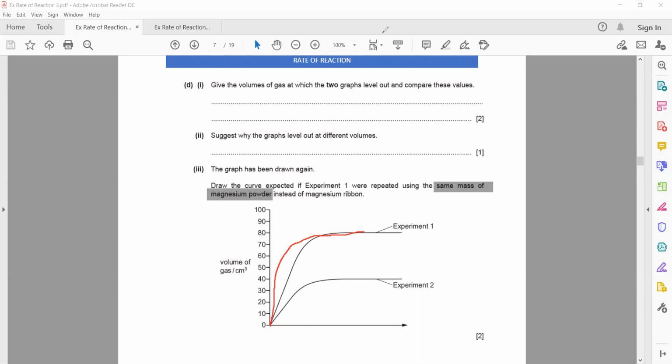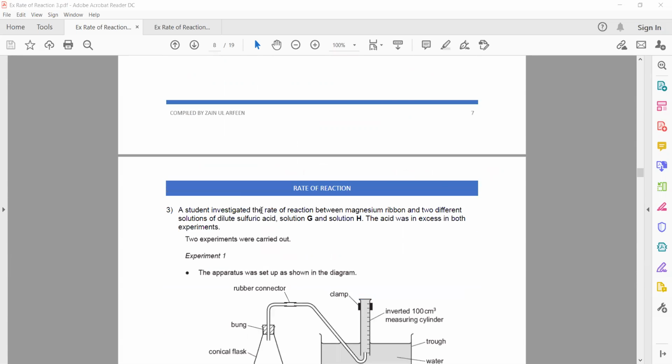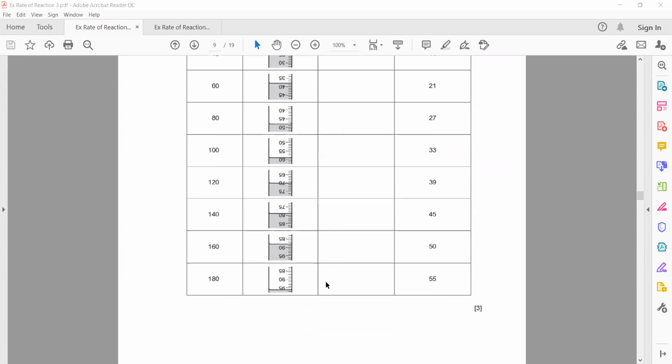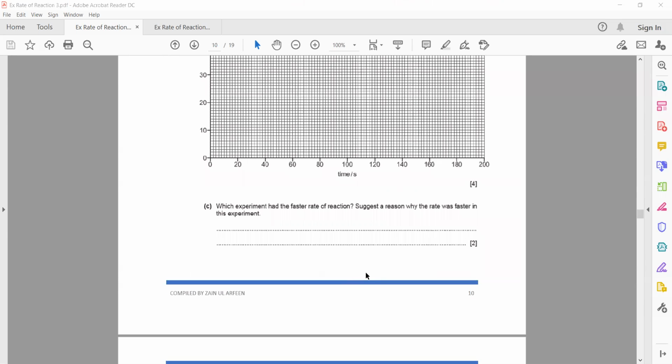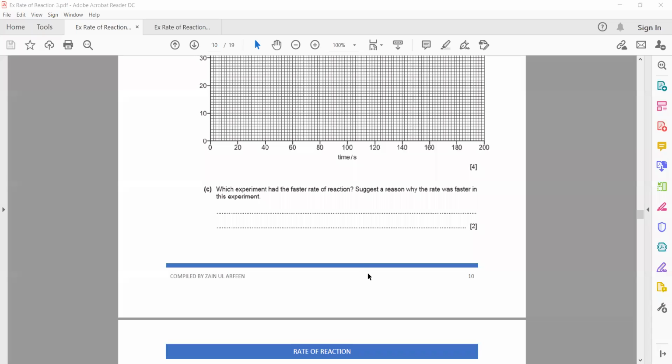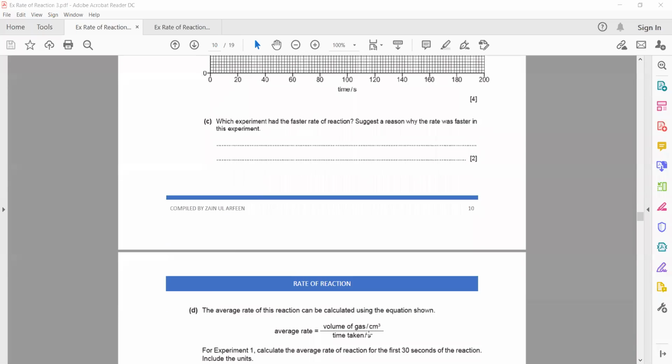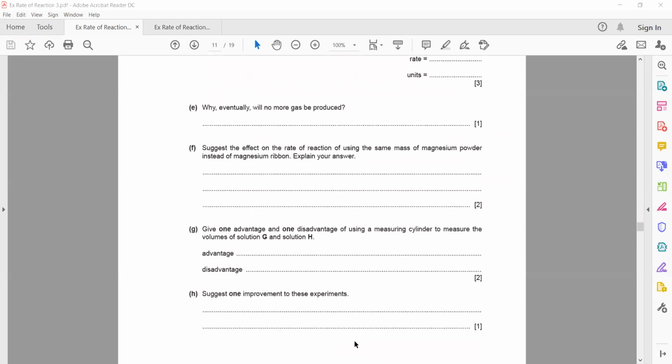Is it clear? Question number 2D3. Question number 3 now. Any doubt in question 3? Any doubt in question 3?